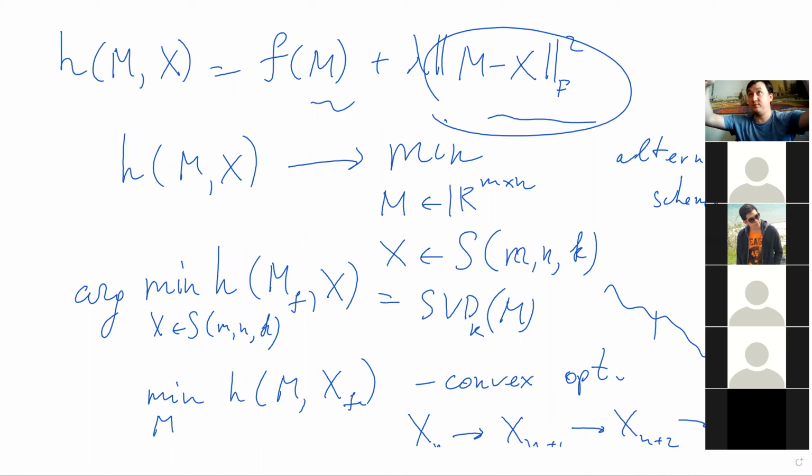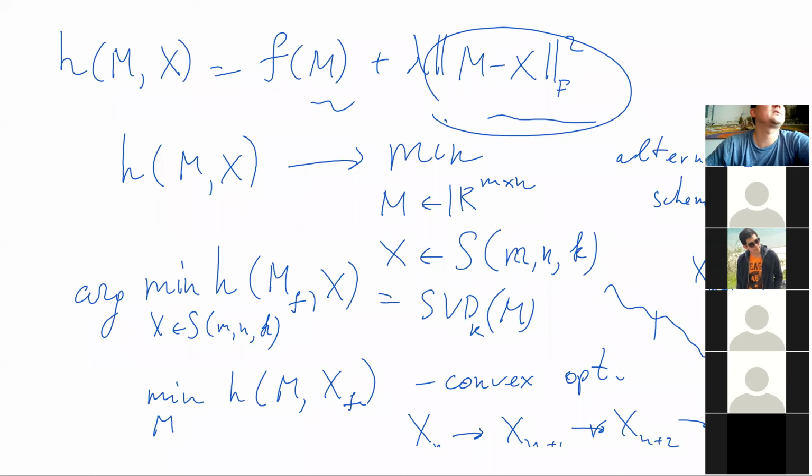This will be a chain of matrices, and it's easy to see that, roughly speaking, x_{n+1} equals R applied to x_n. So x_{n+1} equals R of x_n.